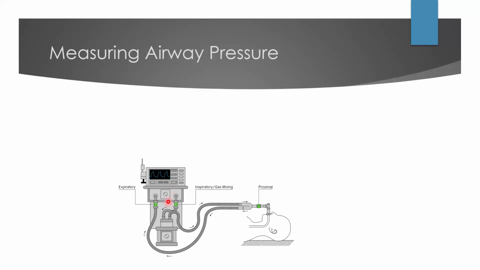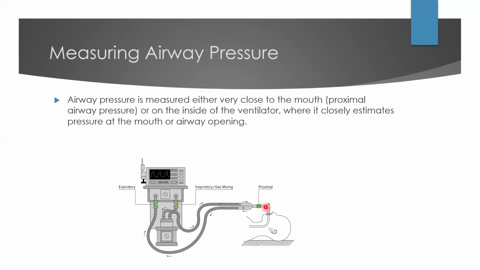But most ventilators measure this pressure inside the ventilator system. That is, there will not be any sensor at the proximal point. The sensor will be somewhere inside the ventilator, estimating the pressure. They know the compliance and various parameters of this circuit, and they estimate the pressure at the airway, and it is displayed on the ventilator screen.